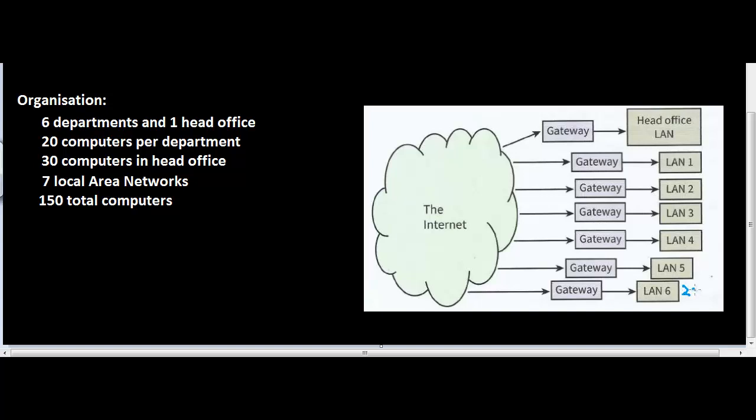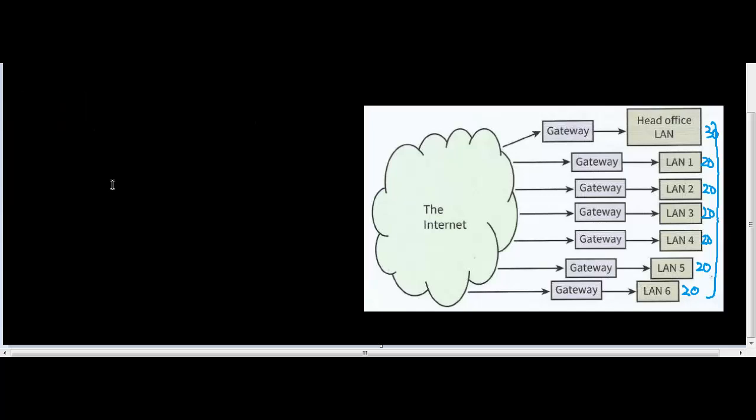That is 20 computers in each of these six local area networks, and 30 here. If we add all of these up, they are going to equal 150.